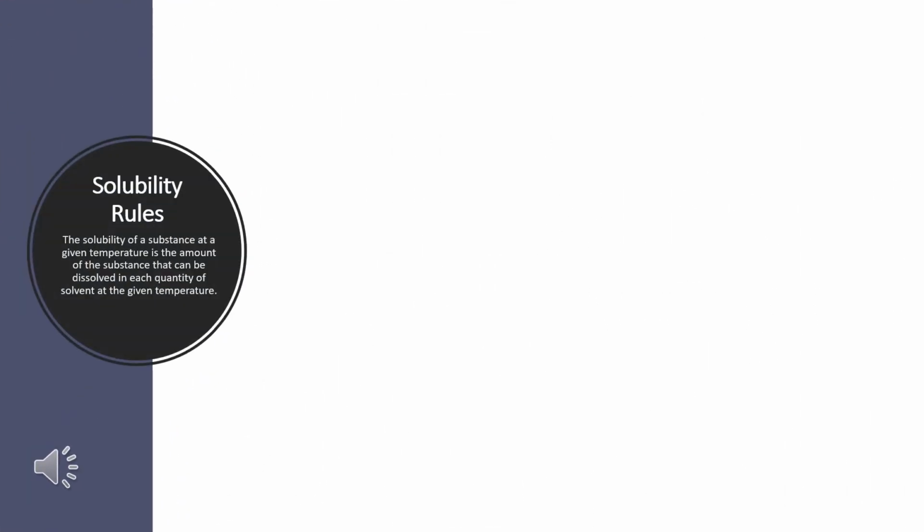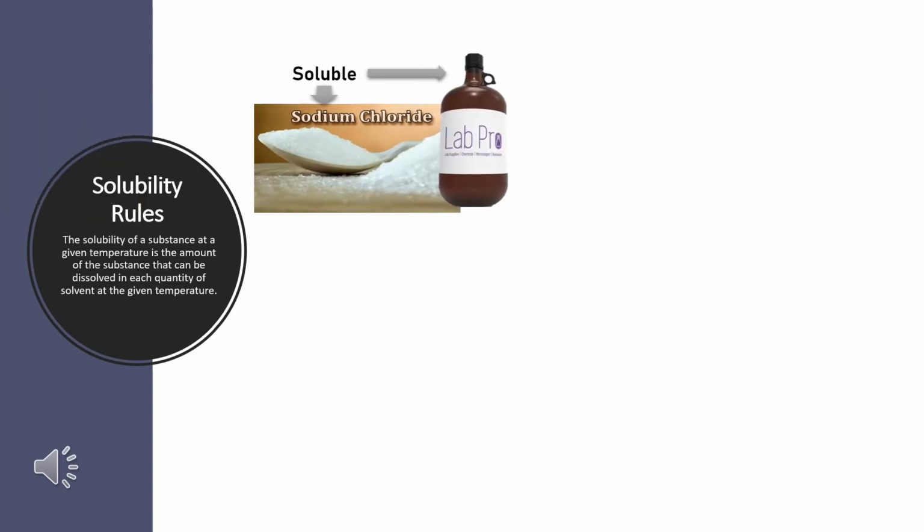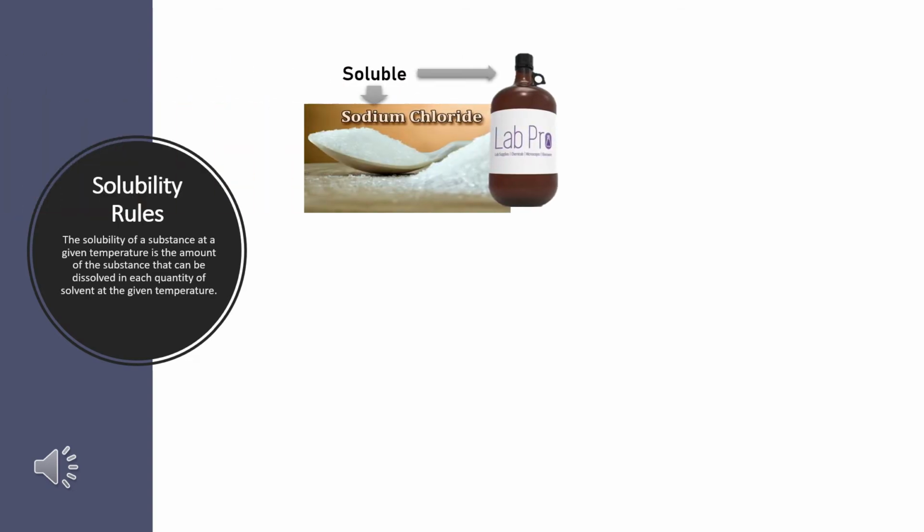Okay, solubility rules. It is clear from our preceding discussion that substances vary widely in their solubility, or the ability to dissolve in water. Some compounds, such as sodium chloride and ethyl alcohol, dissolve readily and are said to be soluble.